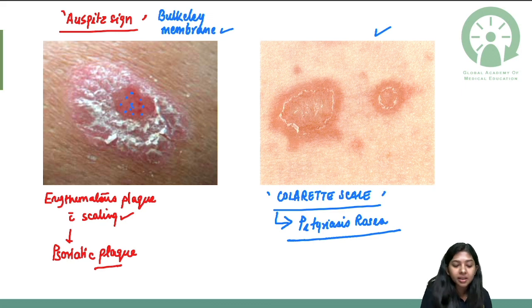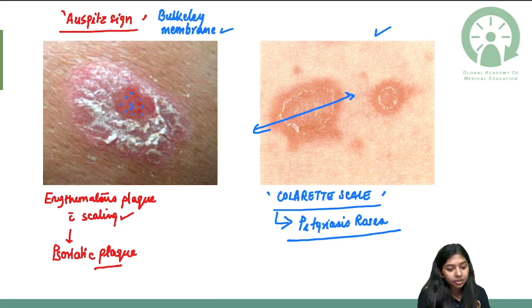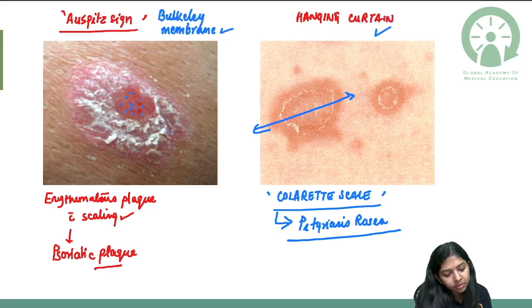So pityriasis rosea will have a collar-like scale, and when you stretch the lesion along the long axis, these scales tend to fold inward like a hanging curtain. So it's called the hanging curtain sign. Very important again, hanging curtain sign, right? So hanging curtain sign is seen in pityriasis rosea, and the lesions will have a collar of scale which is called a collarette scale.